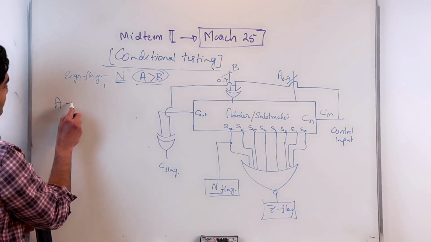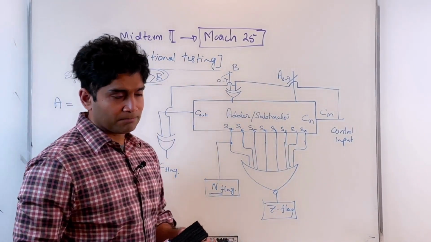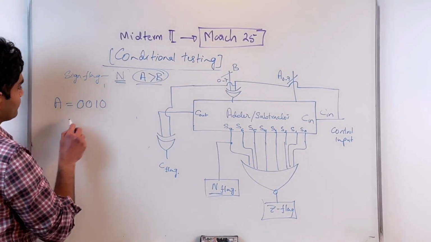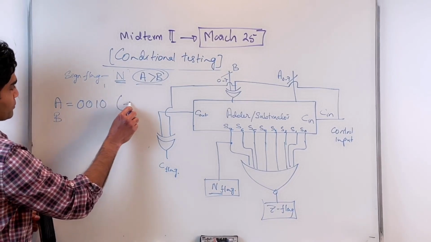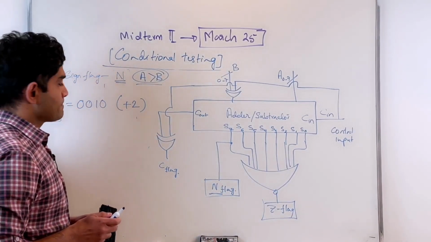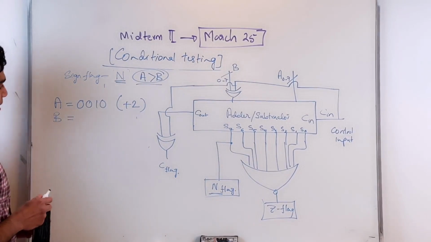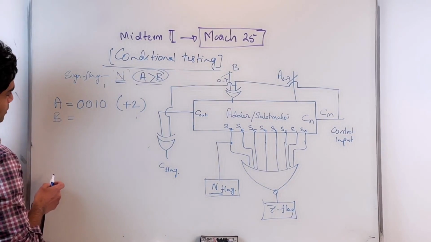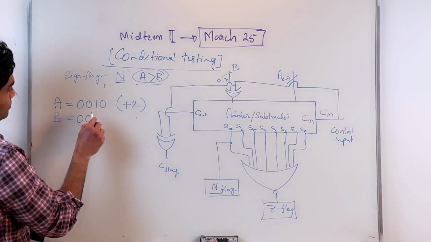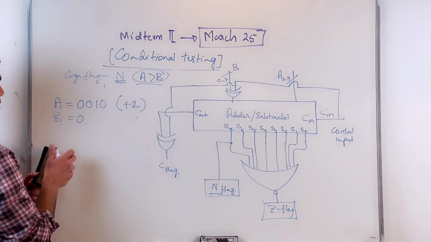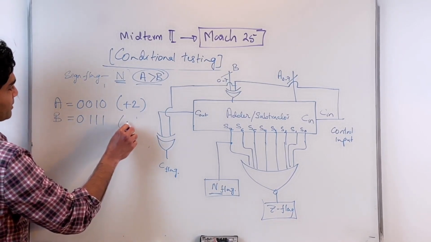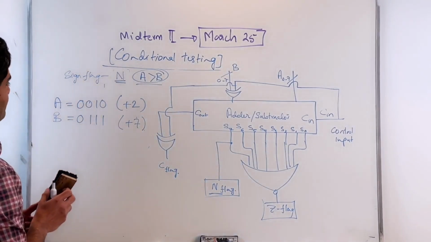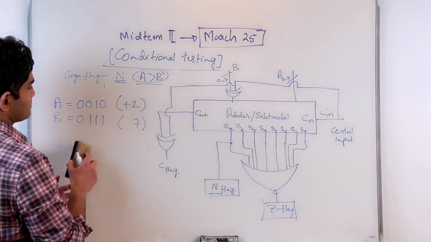So let's say my A in this case is 0, 0, 1, 0, which is positive 2. For B, let's actually take minus 7.